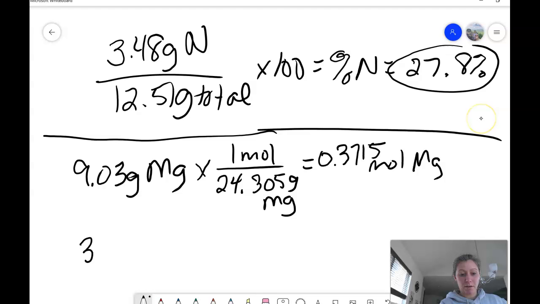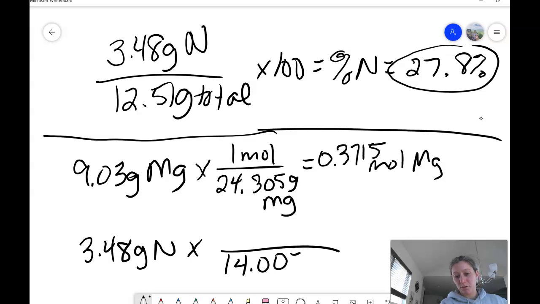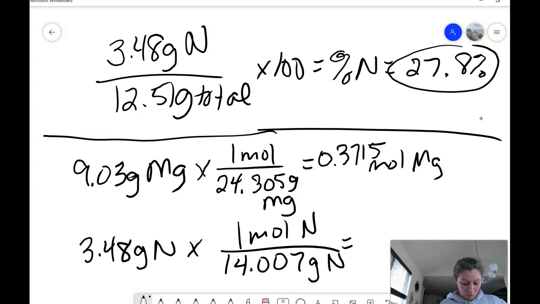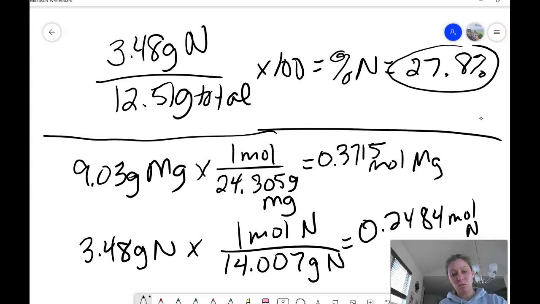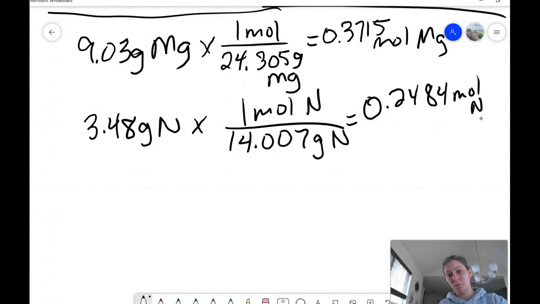We can do the same thing for nitrogen. The molar mass of nitrogen is 14.007 grams. It's 1 mole. The number of moles of nitrogen then becomes 0.2484 moles of nitrogen. And again, this work is really just going to be how the extra credit will look on the test on Tuesday.